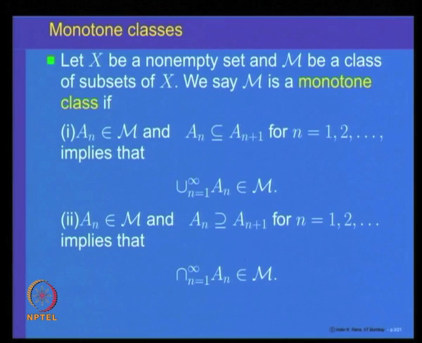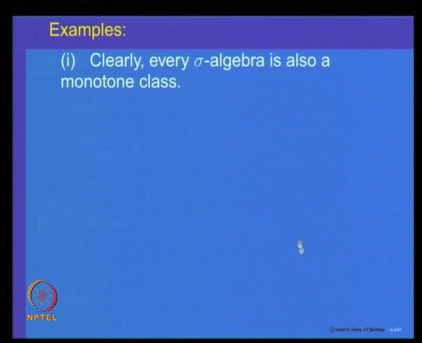Let us look at some examples of such collections. Firstly, let us observe every sigma algebra is also a monotone class. Why is that true? Because a sigma algebra is a collection of subsets of X which is closed under countable unions. Because it is closed under countable unions, it will also be closed under increasing unions. So, the first property will be true.